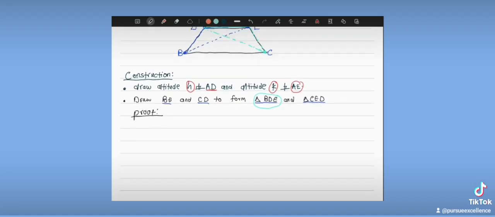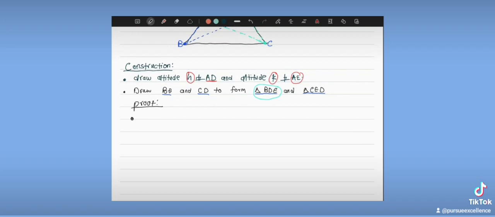As the first point, I'm going to use the area of the triangle ADE, and divide it by the area of the triangle BDE.